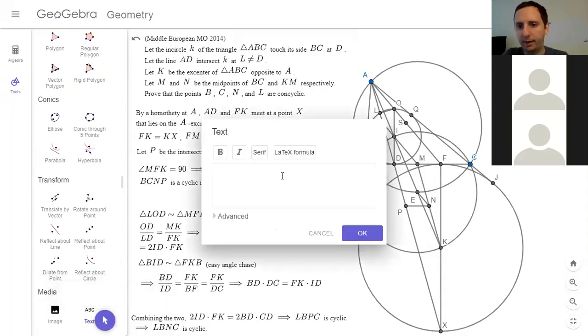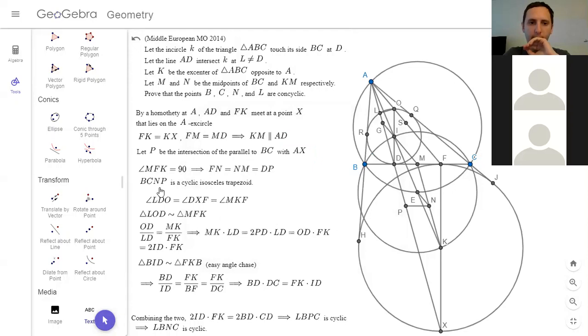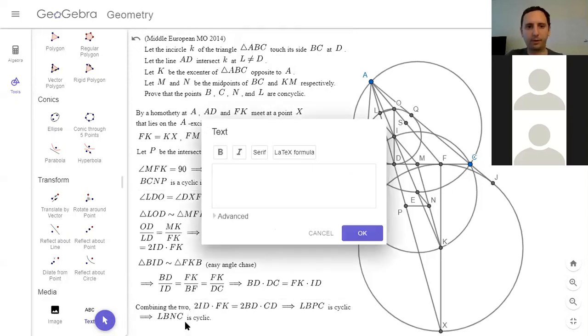Angle LDO is equal to angle DXF by the homothety, which is equal to, what do I want to show? Angle MFK is equal to angle MKF. That proves this similarity. Yeah, I think that's everything.